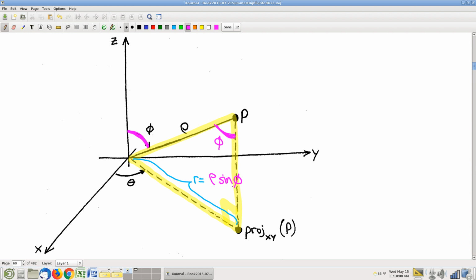Everybody see that? Just look at the yellow triangle. We've got a right angle here. The angle phi is there. Memories of trig. r is rho sine phi.